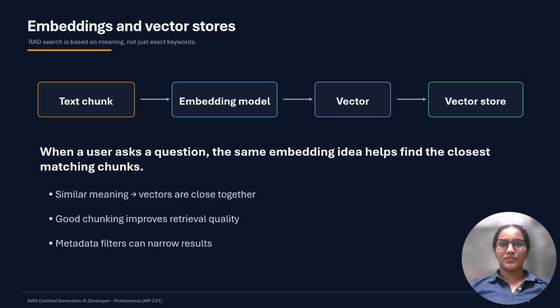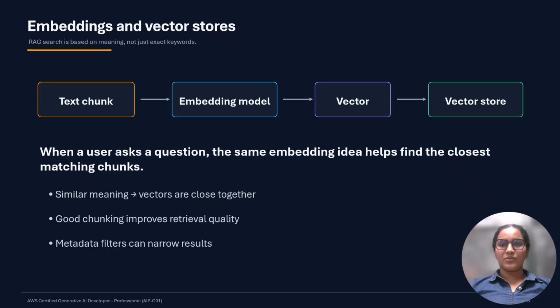Embeddings are central to RAG. An embedding model converts text into a vector, which is a list of numbers that represent meaning. Text with similar meaning produces vectors that are closer together in vector space. During ingestion, documents are split into chunks. Each chunk is converted into an embedding and stored in a vector store.